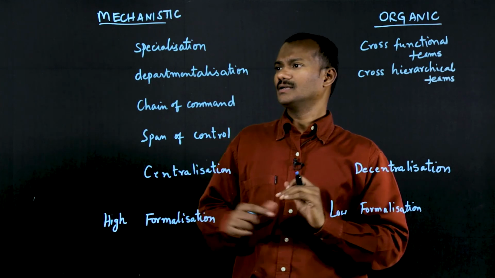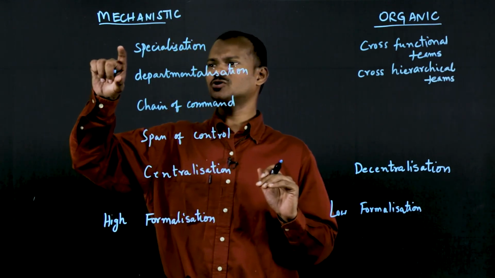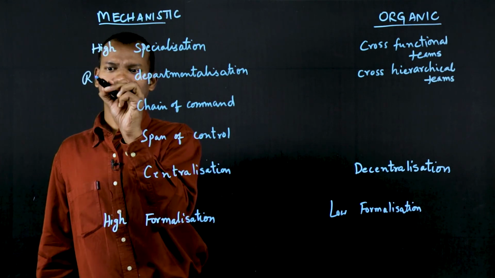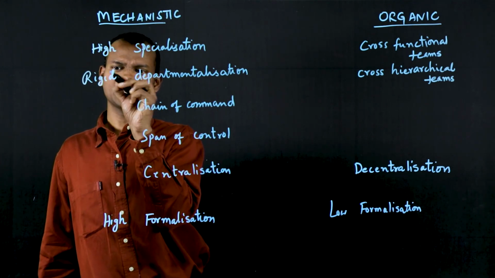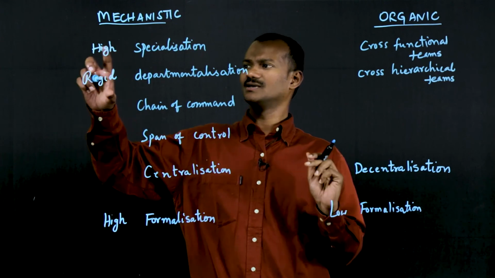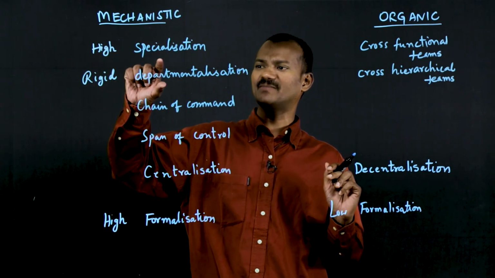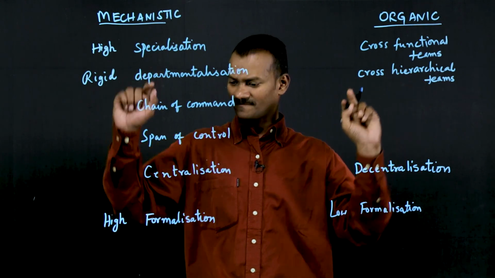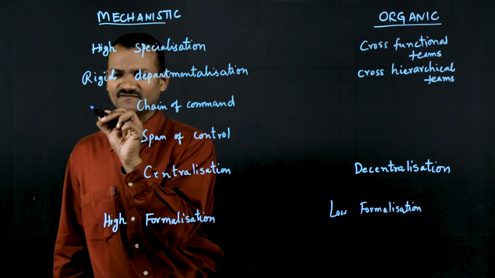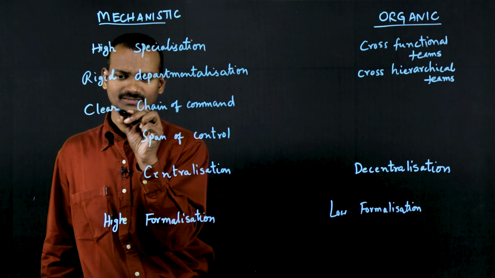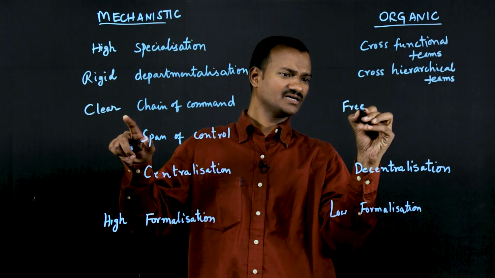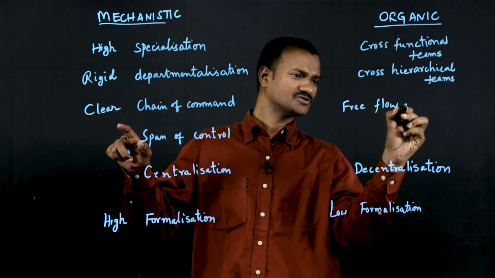Now when you talk about this, I would say it is high specialization, and you can say rigid departmentalization. The words can be anything, but the point is here you have departmentalization, but here you have cross-functional teams and hierarchical teams. And here you have a clear chain of command. And here you will have free flow of information.